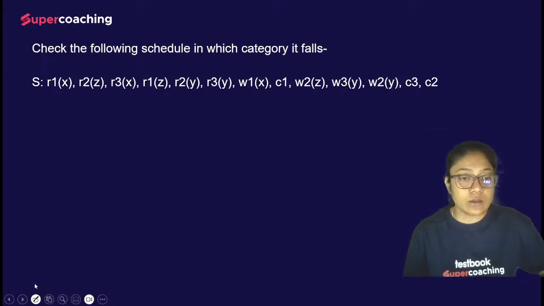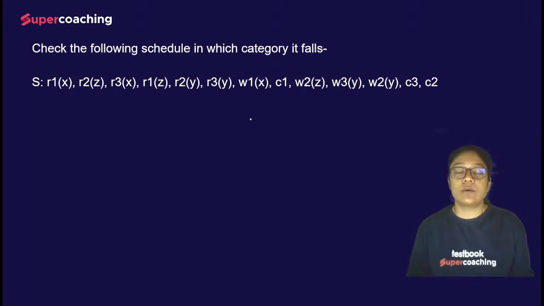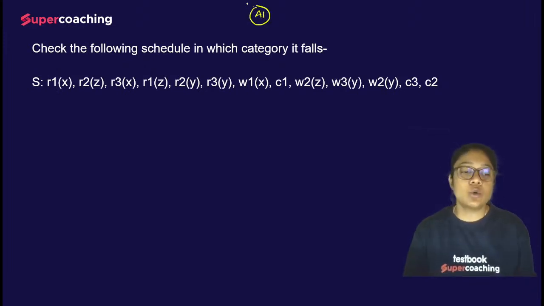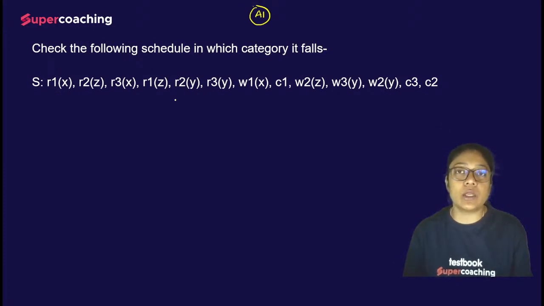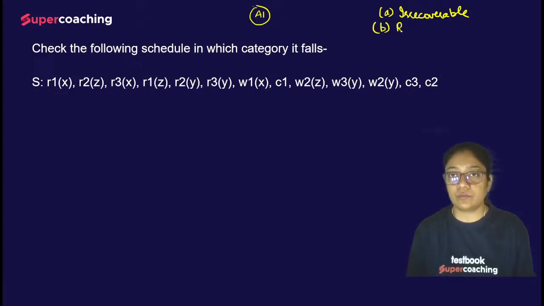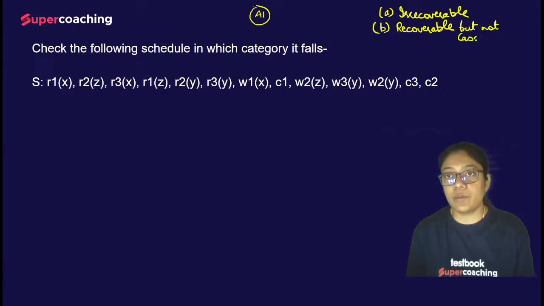As we have already discussed the agenda for this session, first of all I'm taking the assignment questions. This is assignment question number 1. Consider the options which were given in the previous session. The first option says the given schedule is irrecoverable. Then we have recoverable but not cascadeless recoverable.